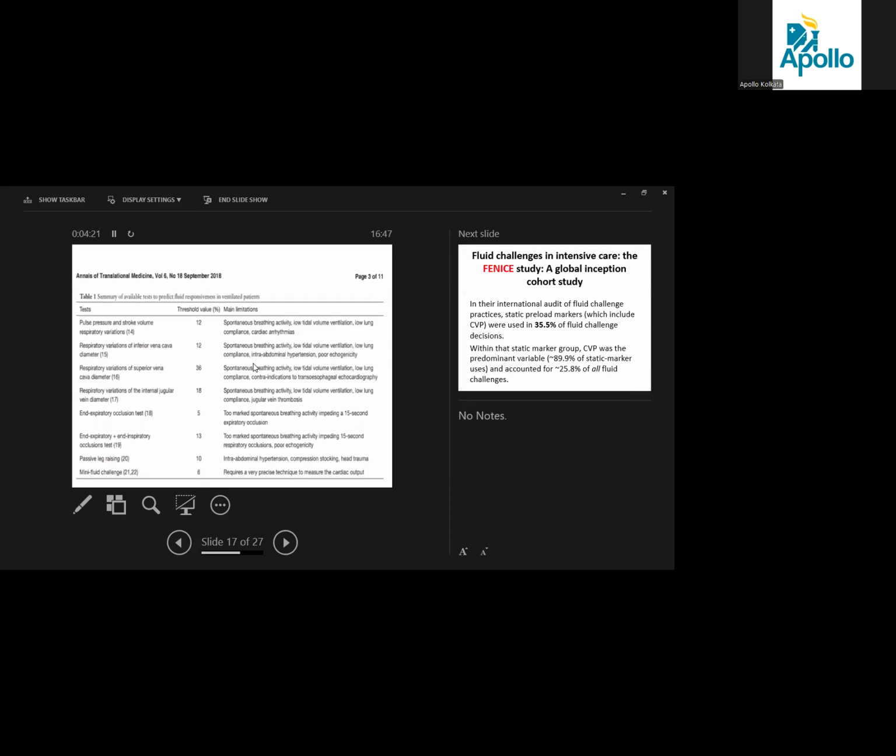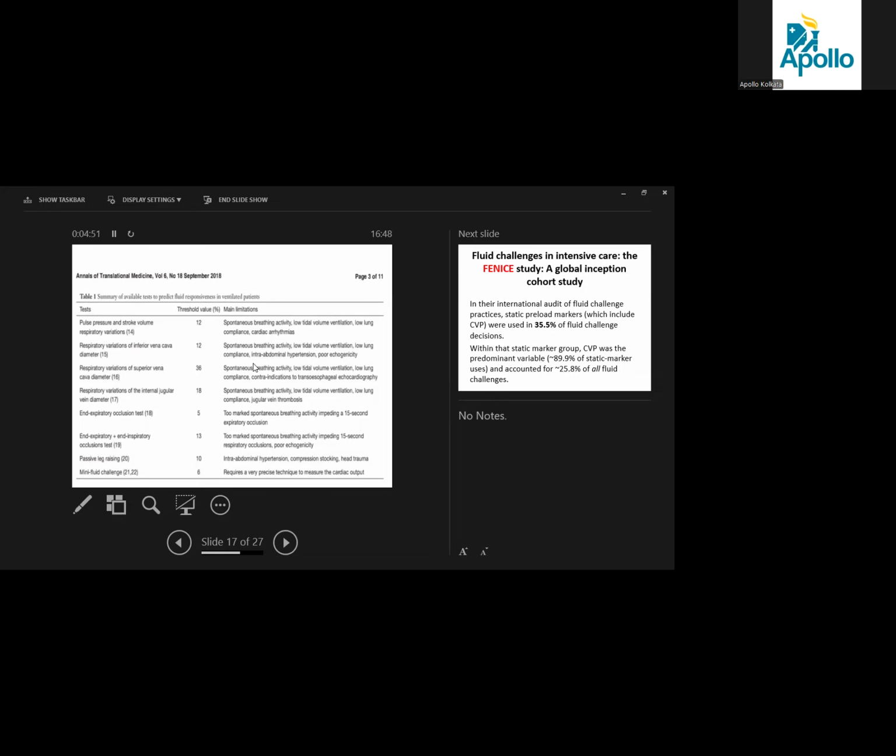Now, this is a table which shows the limitations of each and every dynamic index, starting with the pulse pressure variation and the stroke volume variation. That is, in spontaneous breathing patients, it has its limitations, in low tidal volume ventilation, in lungs with low compliance, and in patients with cardiac arrhythmias.